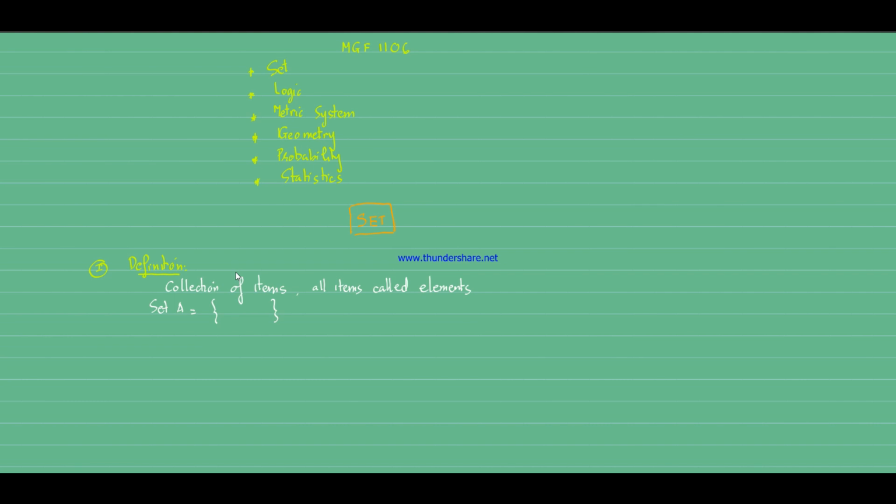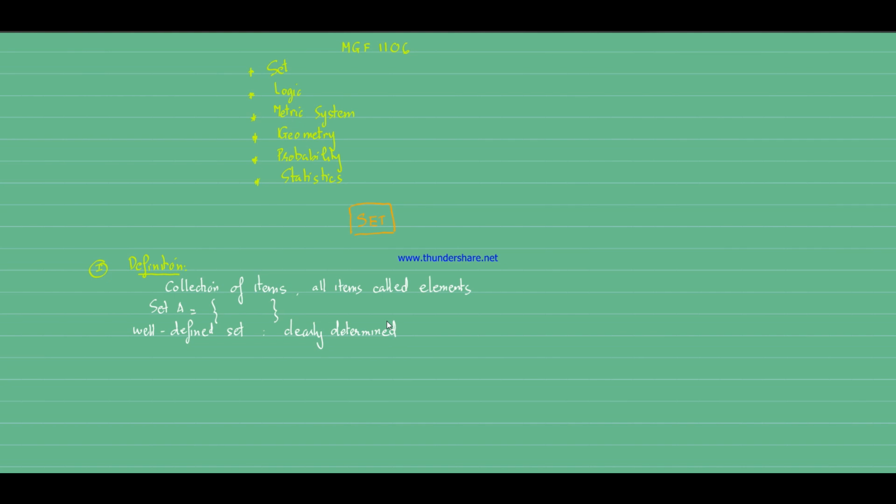A set can be well defined or not well defined, that is, poorly defined. A well-defined set is a set whose elements are defined clearly and clearly determined.